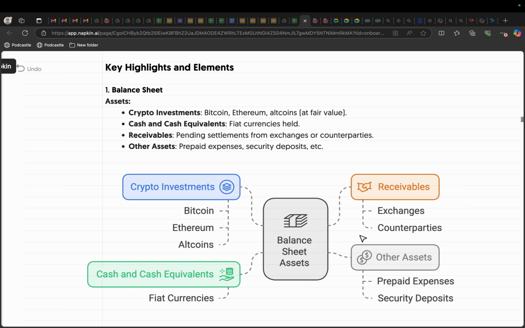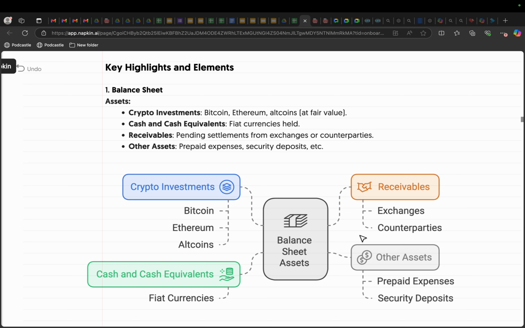Apart from that, cash and cash equivalents, which are fiat currencies held, meaning your dollars, rupees, whatever balance is available in the wallet or account, which you record in the books of the fund, and that comes under your asset category.